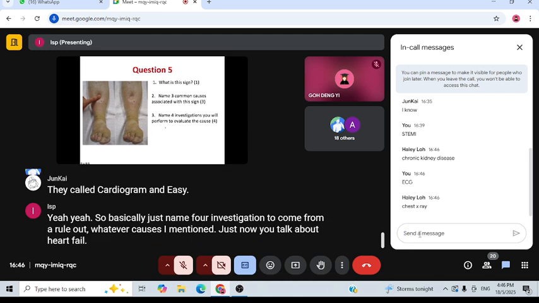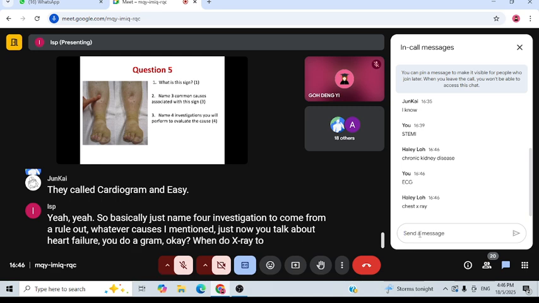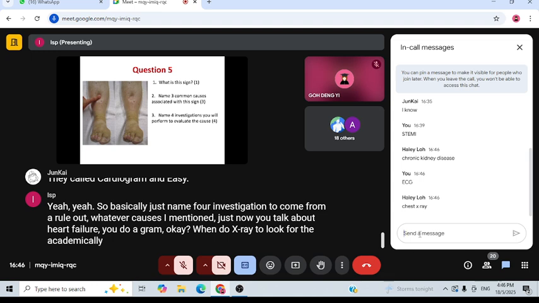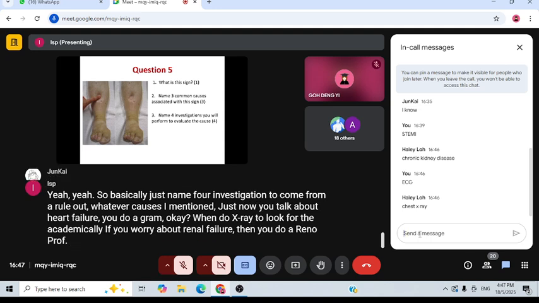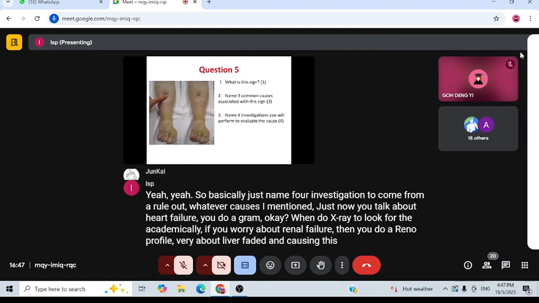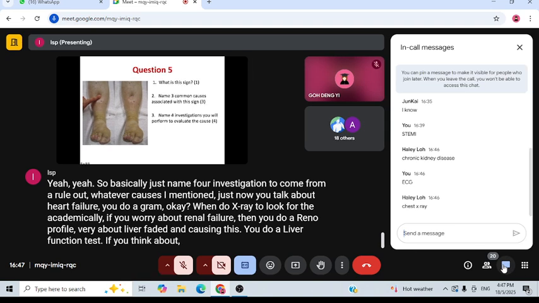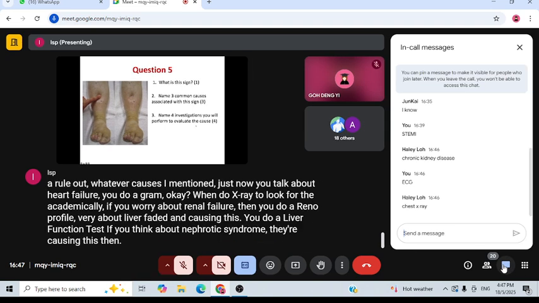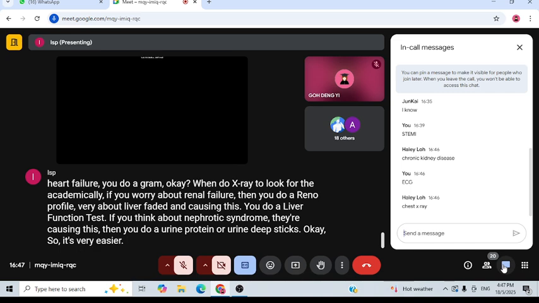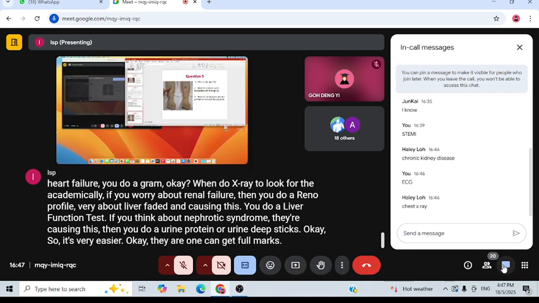You talk about heart failure, you do an echocardiogram, you can even do an X-ray to look for cardiomegaly. If you worry about renal failure, then you do a renal profile. If you worry about liver failure causing this, you do a liver function test. If you think about nephrotic syndrome causing this, then you do a urine protein or urine dipstick. So it's very easy, right? I think everyone can get full marks.